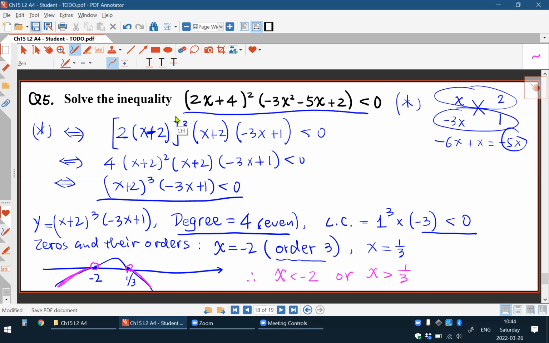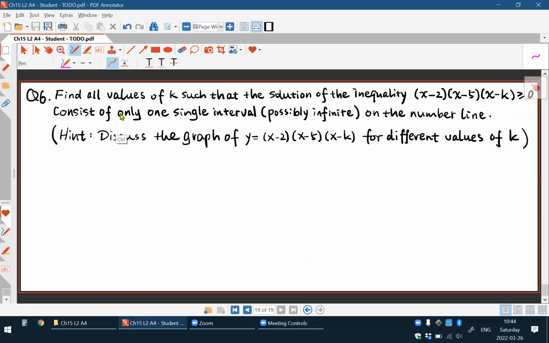Next question is a little complex. Okay, let's read it first. Find all values of k such that the solution of the inequality here consists of only one single interval, possibly infinite, on the number line.